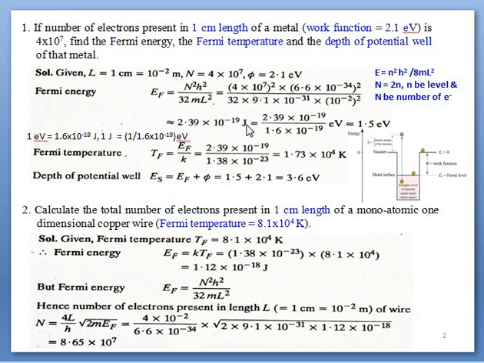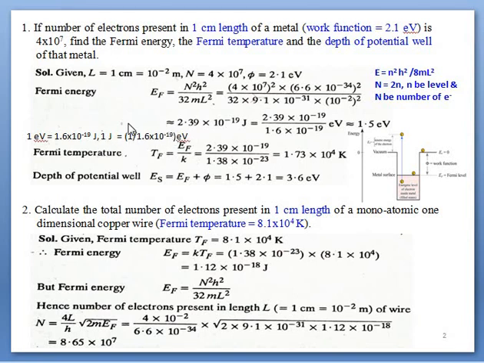Now since work function is given in electron volt, it needs to be transformed into electron volt. To transform into electron volt, we need to divide by 1.6 into 10 power minus 19. Then joule will be converted into electron volt. As we know, 1 electron volt is equal to 1.6 into 10 power minus 19 joule, so 1 joule will be equal to 1 upon 1.6 into 10 power minus 19 electron volt.